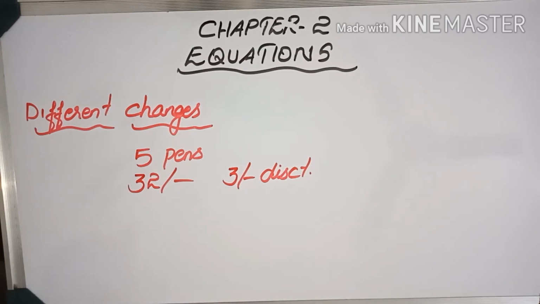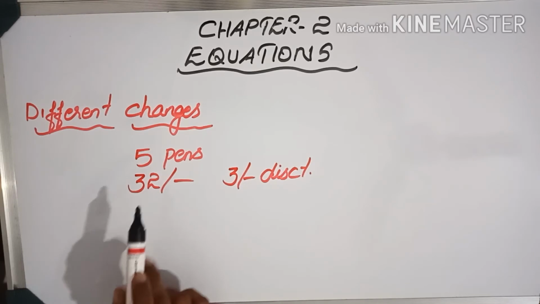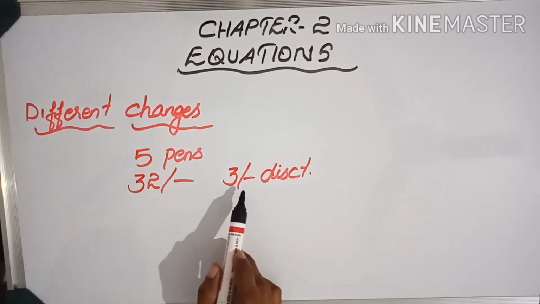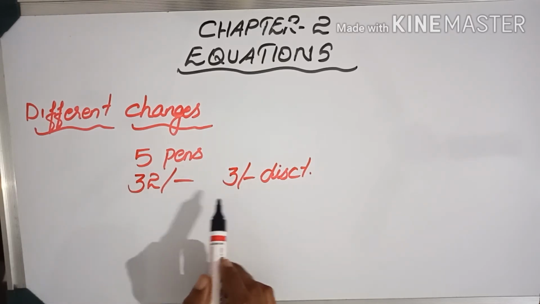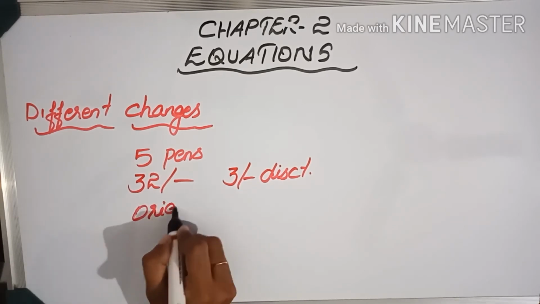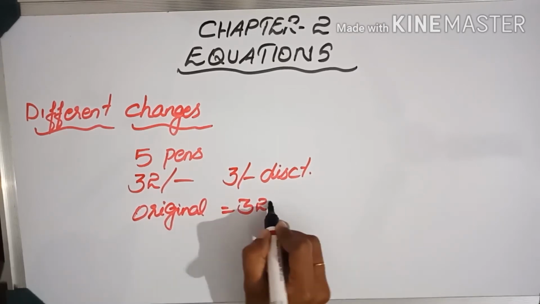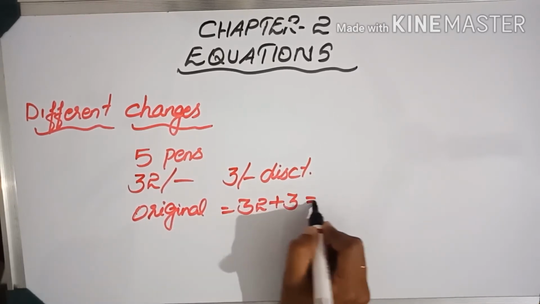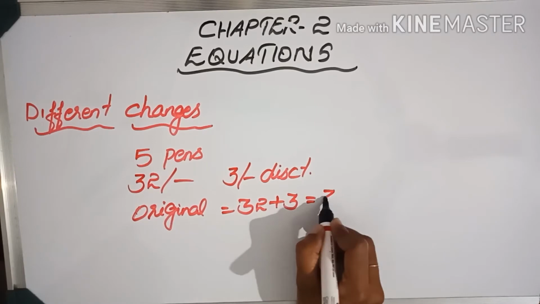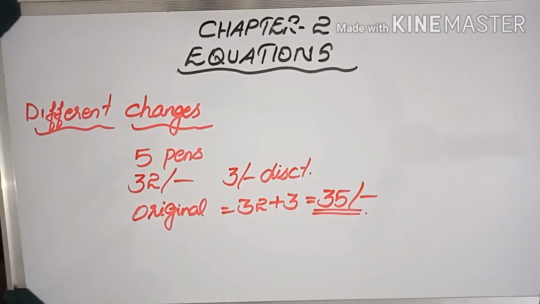Then without discount, what will be the amount? After getting 3 rupees discount, the amount was 32. If the 3 rupees discount is not given, then what will be the total amount? Original amount will be what? 32 plus 3. Okay, without discount, the total cost will be 35 rupees.